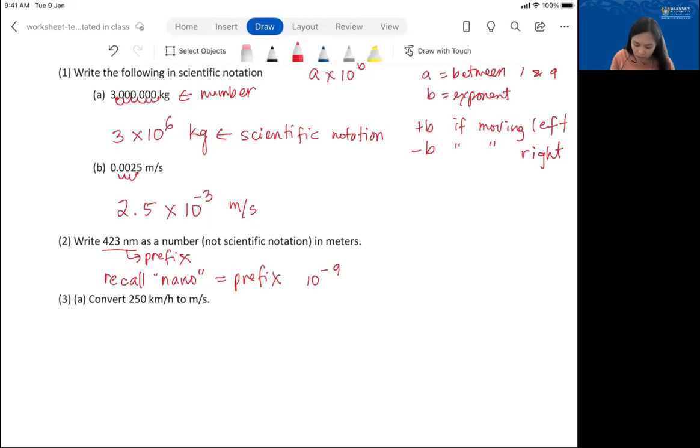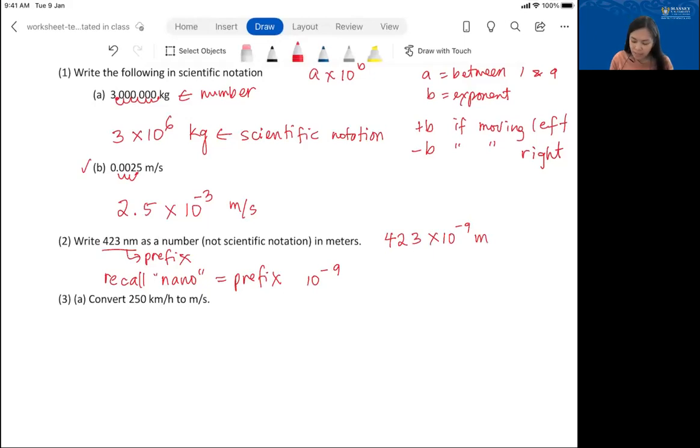That means this 423 nanometers can be written as 423 times 10 to the minus 9 meters. If you expand out the prefix nano as times 10 to the minus 9, and then you do the reverse of what you did for the first question 1B.